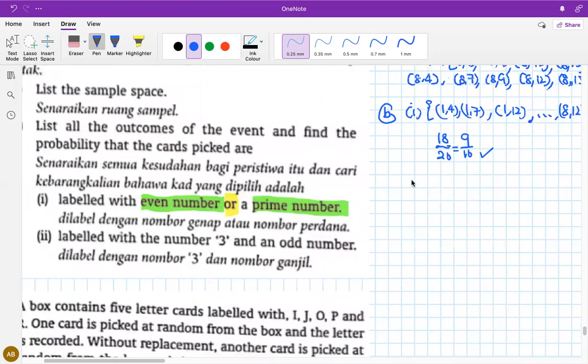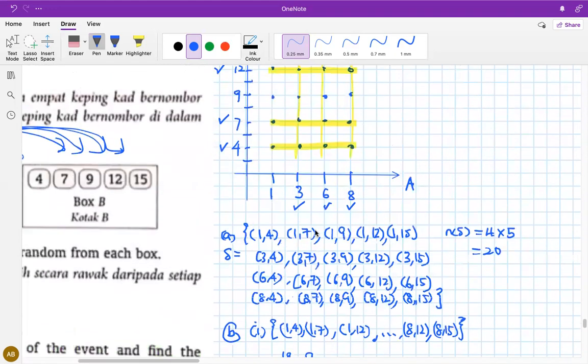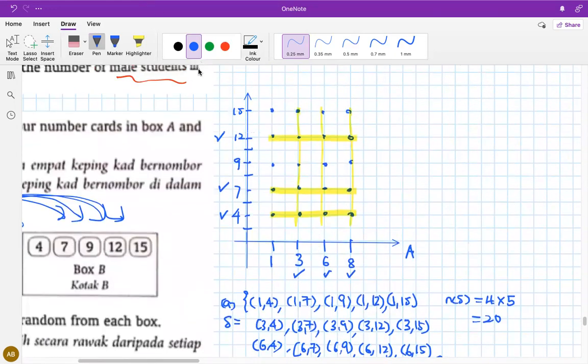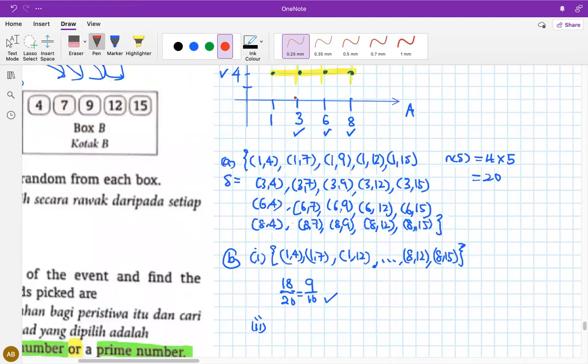Okay, number 2, what's the probability of getting a 3 and an odd number? So you can check here, 3 and odd number. I use red here. 3 and odd means 3 and 7, 3 and 9, and 3 and 15. So there are only 3.